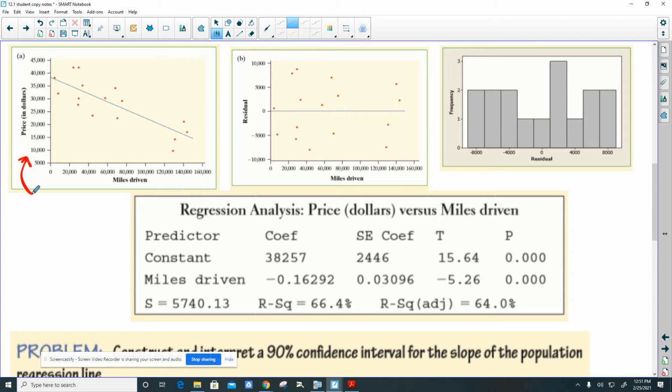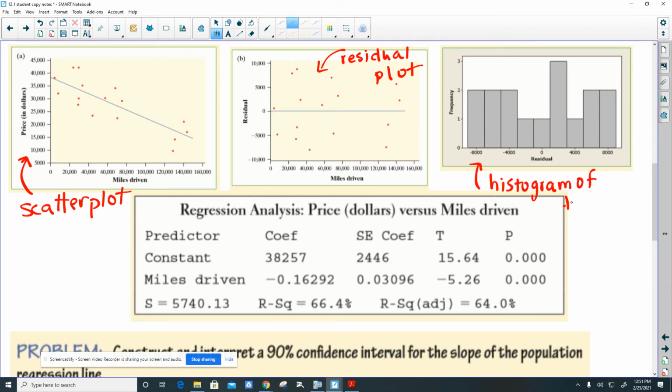This first graph right here is your original scatter plot. Those are your 16 points, taking how many miles were on those trucks and what the price of the truck was. This middle one here is representing a residual plot. And then this third one here is a histogram of the residuals.